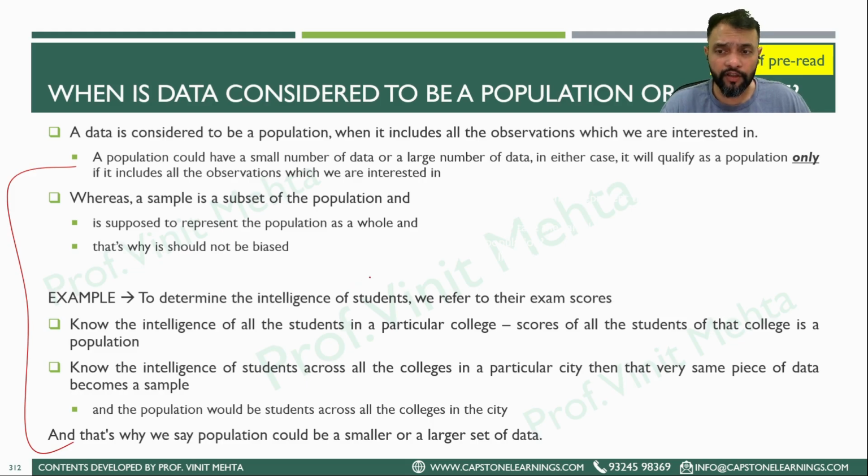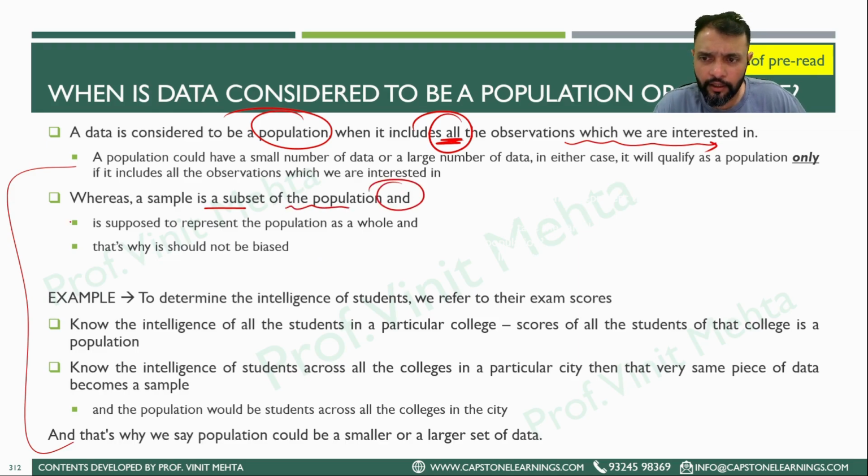Nonetheless, the official definition is that a data is considered a population when it includes all the observations we are interested in, whereas a sample is a subset of the population and is supposed to represent the population as a whole, and it should not be biased.